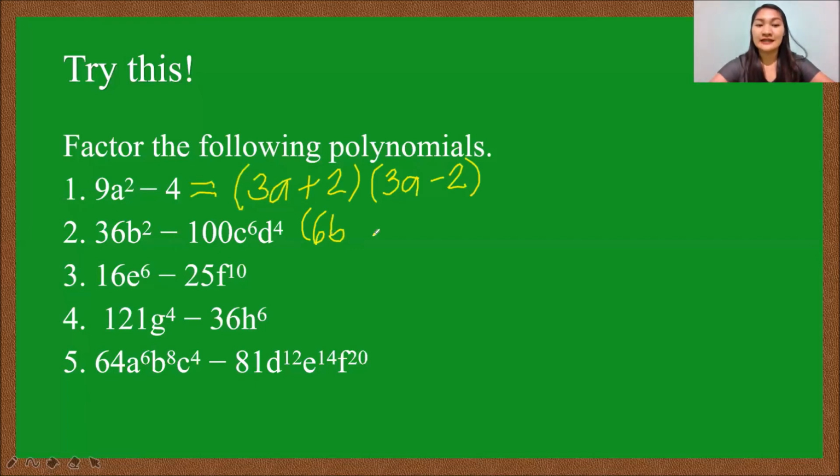So the square root of 100 is 10, while the square root of c raised to 6, i-divide lang yung exponent by 2, we have c cubed. And then d raised to 4, the square root of d raised to 4 is d squared. Okay? Form it by sum and difference.